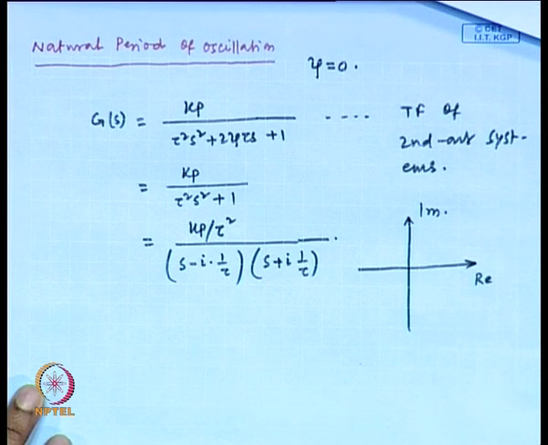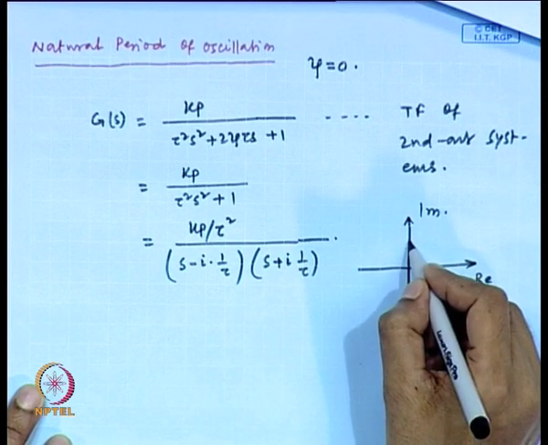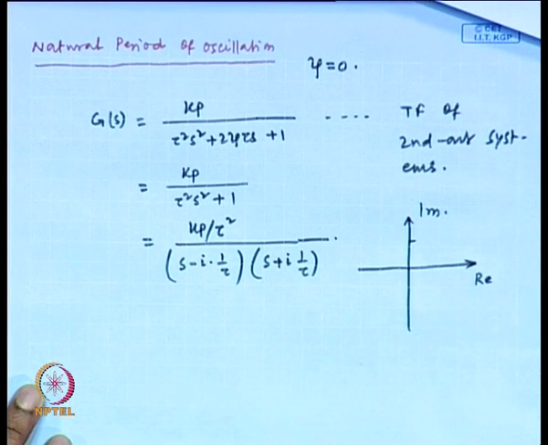So, both the poles lie on the imaginary axis, one is here, another one is here. For both the poles there is no real part. Therefore, both the poles lie on the imaginary axis.